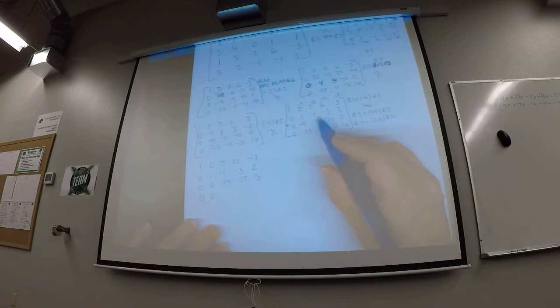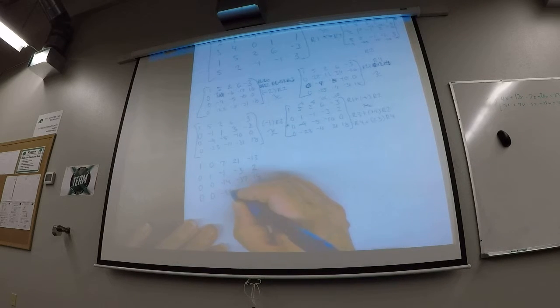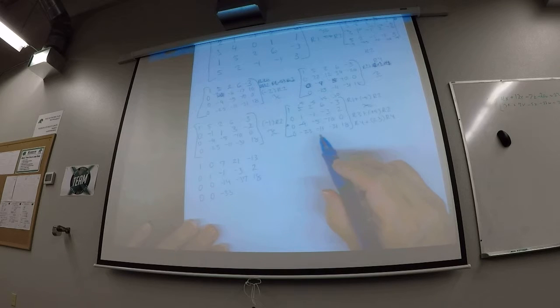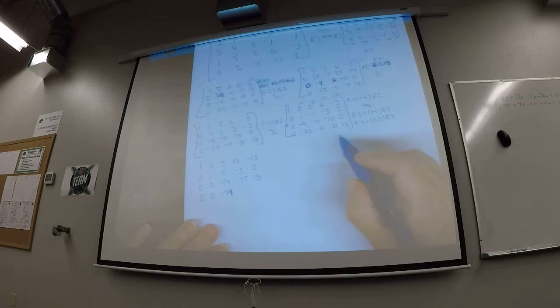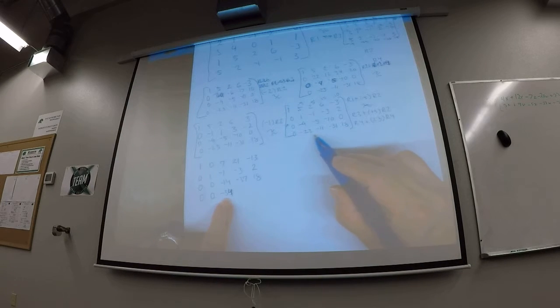Okay, negative 23 plus negative 11 is negative 33. Wait, did I do that right? 23? No. 34? I think it's negative 34. You guys are supposed to help me fix it, if not.